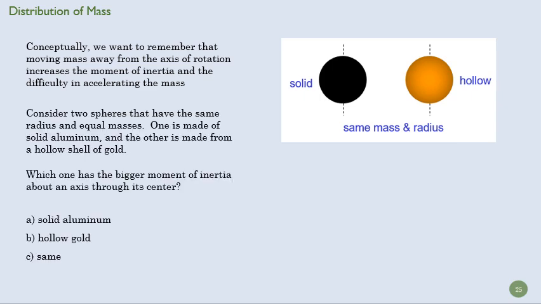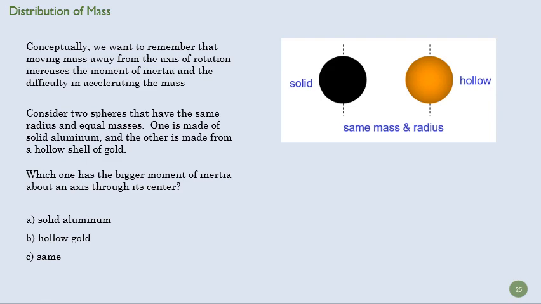Okay, so let's take two spheres. They have the same radius and they have the same mass. Okay, one is made of aluminum over here and the other is made of gold. So gold is a lot more dense, which is why these can have the same mass even though this one is solid and this one is hollow. So we want to know which one has the greater moment of inertia.